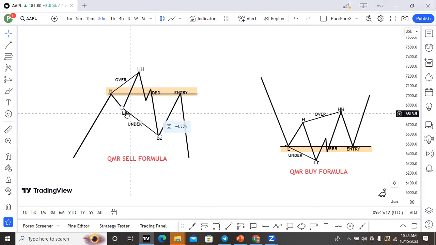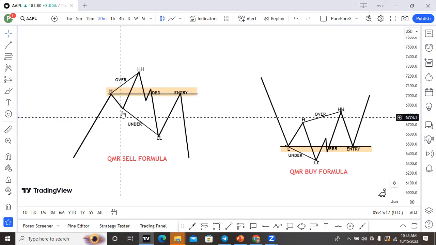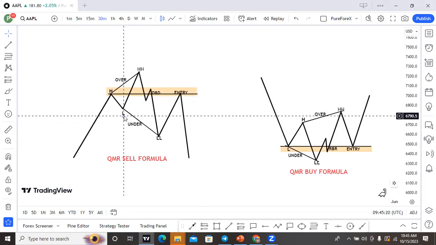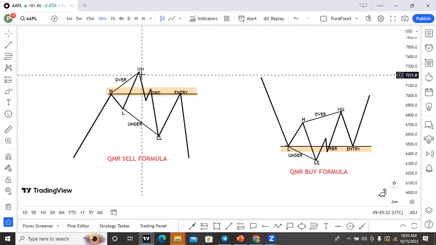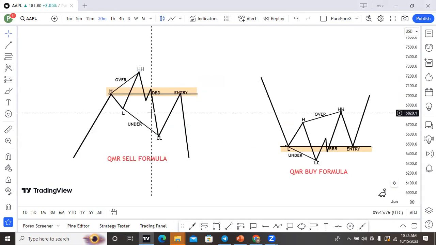And before that, when you look at this QMR sell formula, you would discover that before this low was taken out, this low here was breached, the market first of all created what we call drop-base-drop. Guys, for those of you who have basic knowledge in supply and demand, you should know the types of supply and the types of demand.